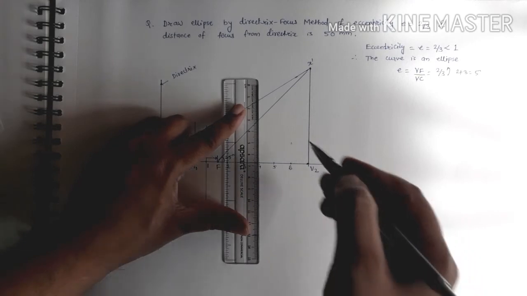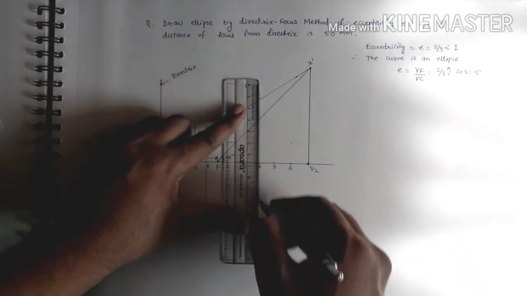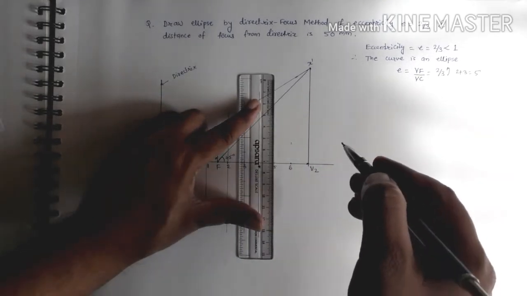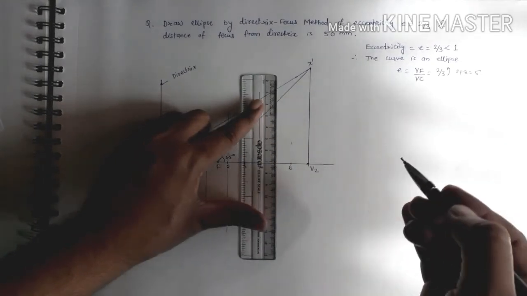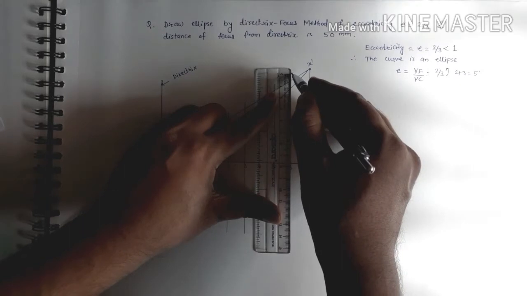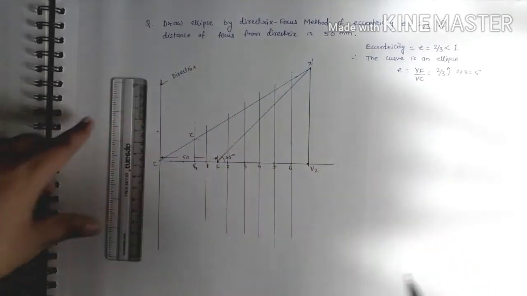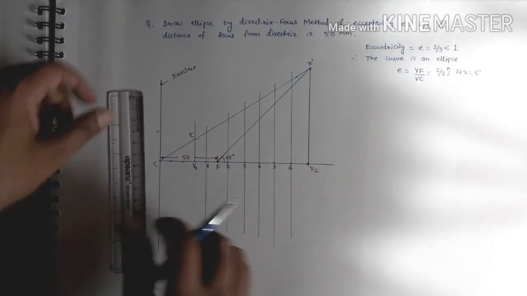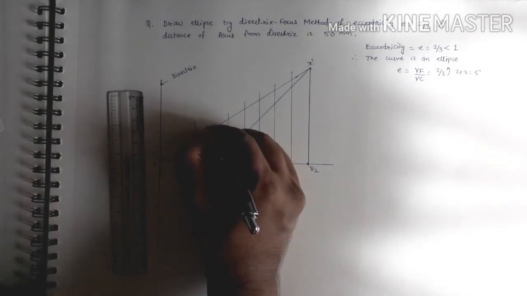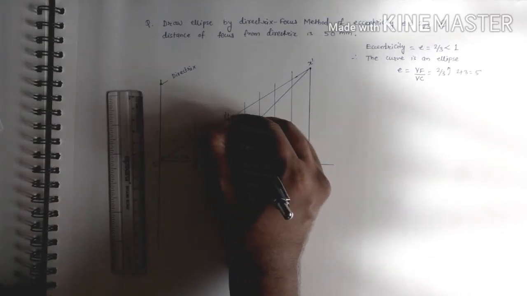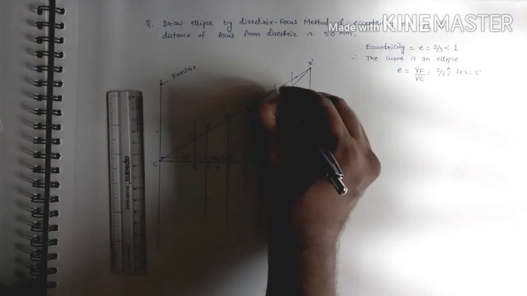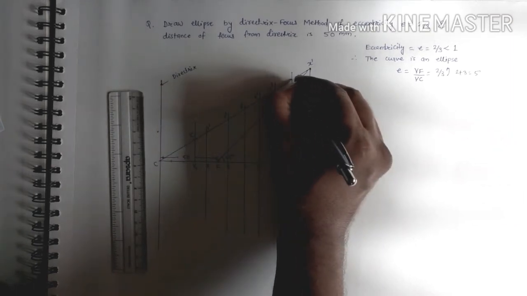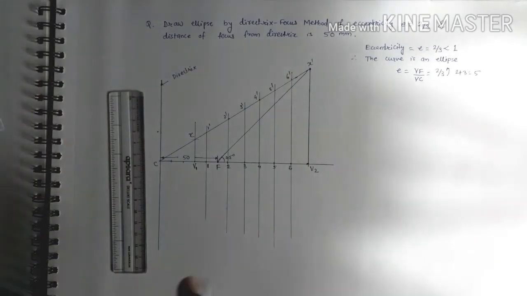Similarly 4, then 5 and 6. Okay, so this is 1 dash, 2 dash, this point is 3 dash, this is 4 dash, this is 5 dash and 6 dash.